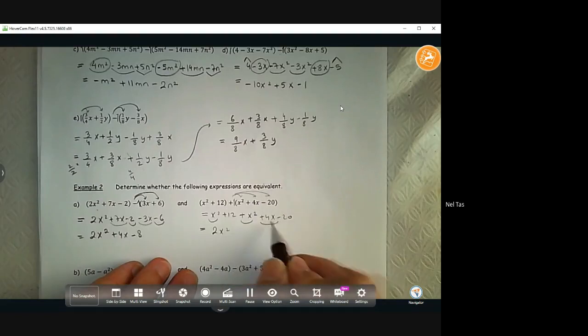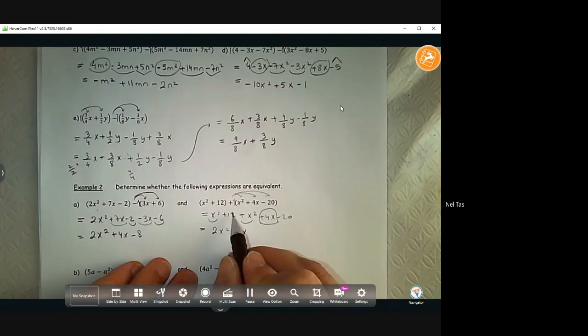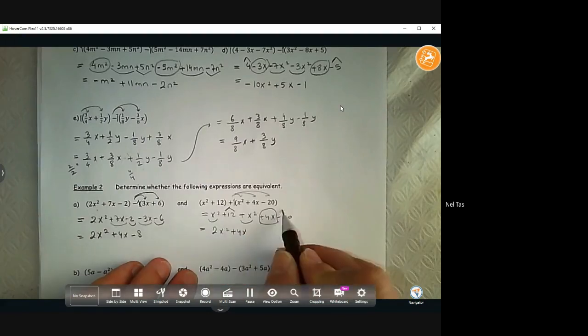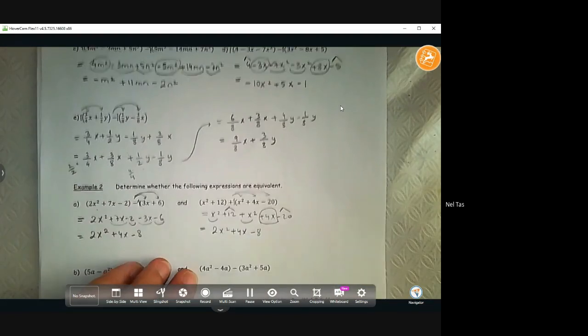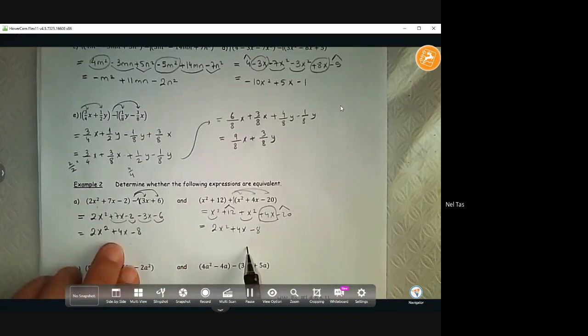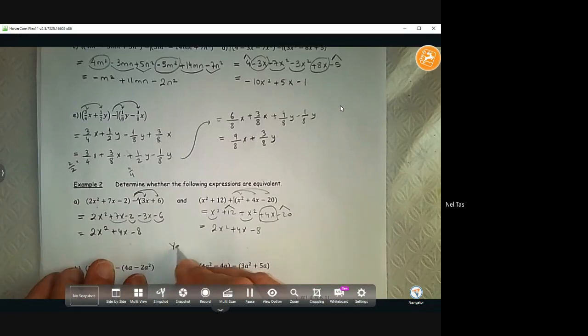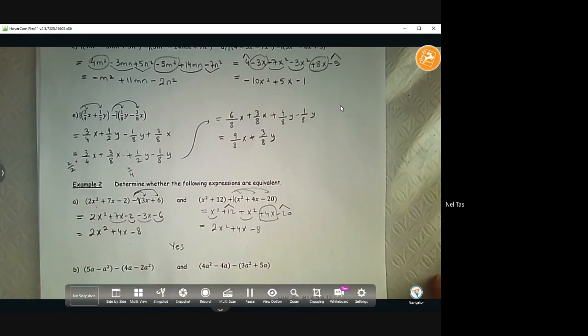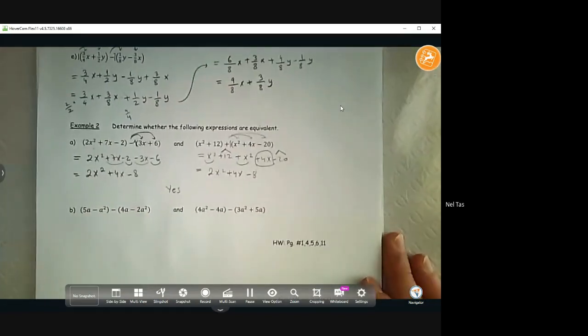There's plus 4x, and there is positive 12 minus 20 gives you negative 8. To compare these two expressions, they're exactly the same. So these expressions are equivalent.